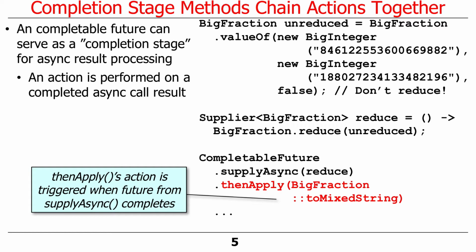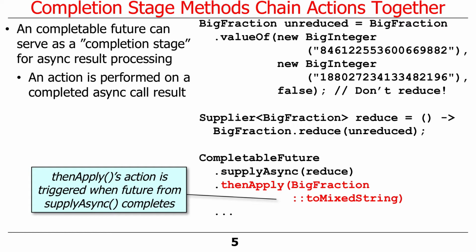run the reduction operation. So we go ahead and we make ourselves a big fraction that's unreduced. We then make a supplier lambda that will reduce this unreduced fraction. We then run the lambda via supplyAsync, the factory method we just talked about.